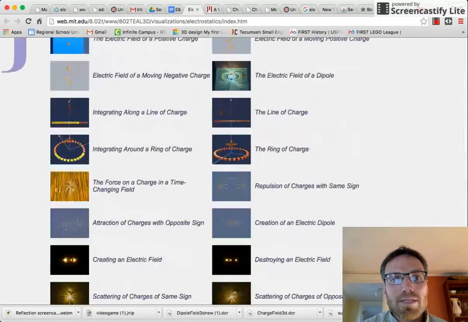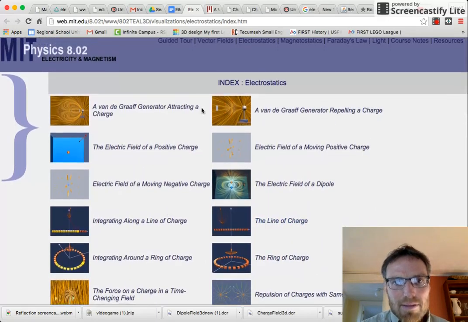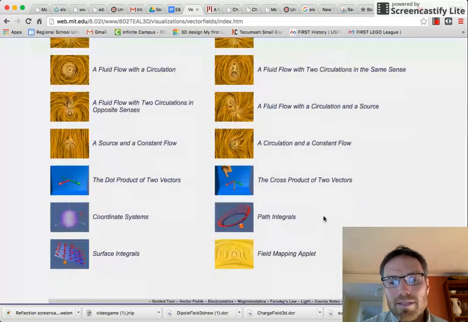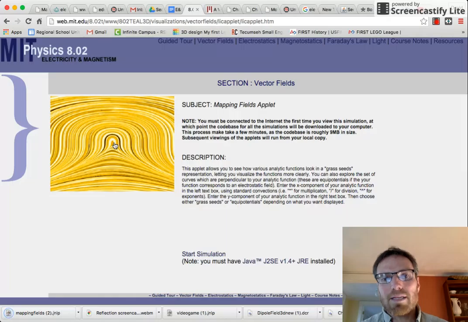And so, for example, what I was really interested in is going to these vector fields, since I'm kind of assigned with looking at simulations in potential. I really was interested in using this applet here, which allowed you to visualize equipotentials. And so if I try to open this, it will not allow me to do so.